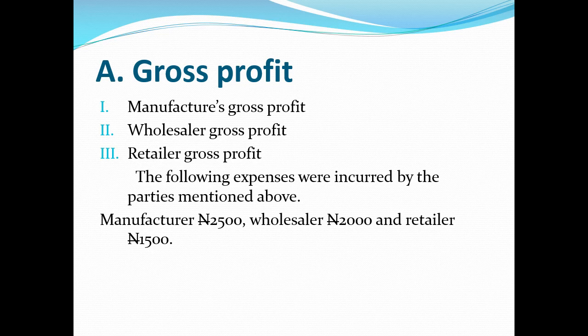The following expenses were incurred by the parties mentioned above. The manufacturer's expenses were 2,500 naira, the wholesaler 2,000 naira, then the retailer 1,500 naira. These were the expenses they incurred in the business.